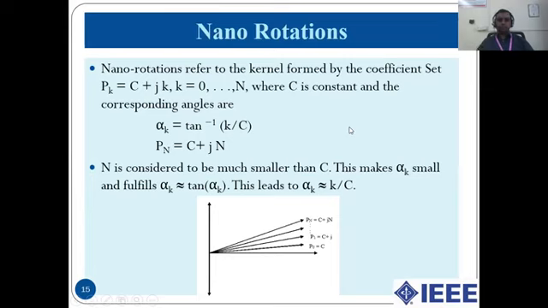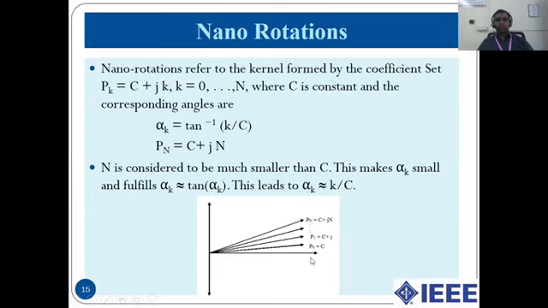And similarly, there is another angle set defined by Garrido et al. And they are called nano rotations. Nano rotations refer to the kernel formed by the coefficient set pk equal to c plus jk, where c represents the magnitude, the real part, and k represents the imaginary part, where c is a constant, and alpha k is the tan inverse of k by c, that is the angle with which this vector is rotated, and pn is equal to c plus jn.